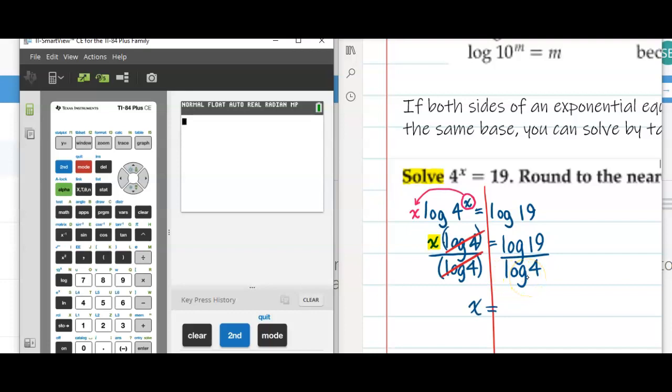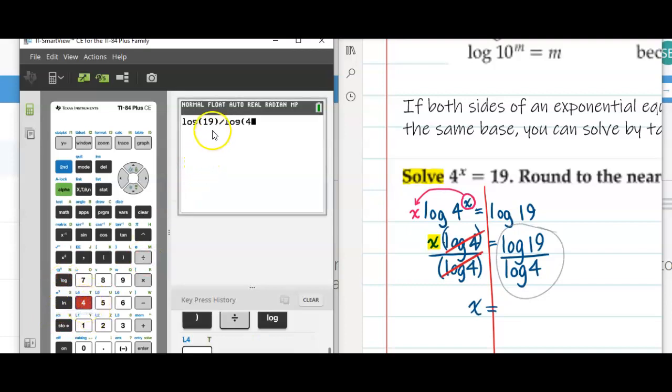I can type everything that's on the right into the calculator. I'm going to type log 19 divided by log 4. Notice I closed the parentheses before I divided. I want the log of 19 on the top and the log of 4 on the bottom.